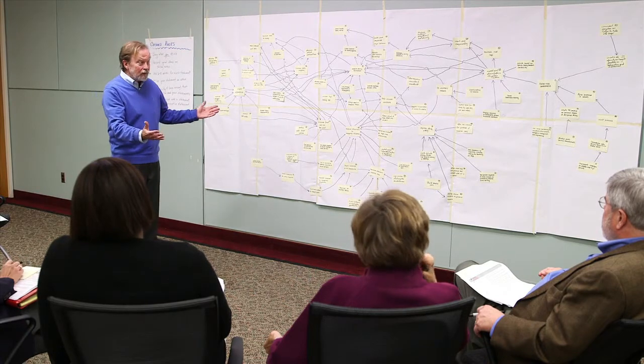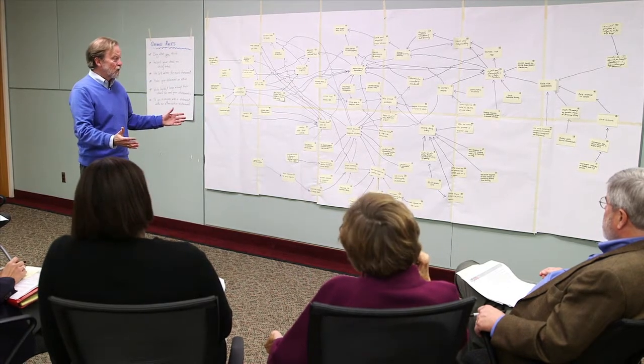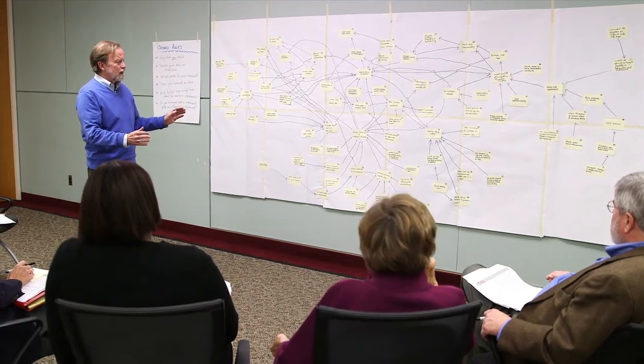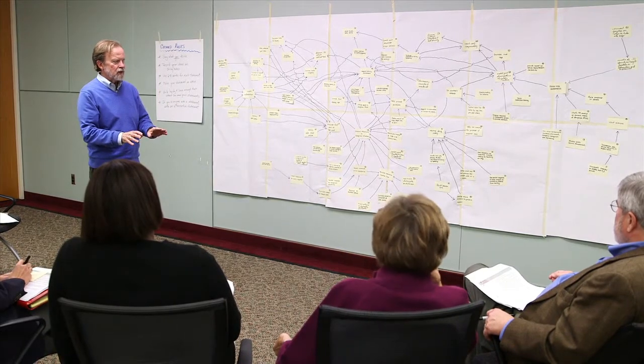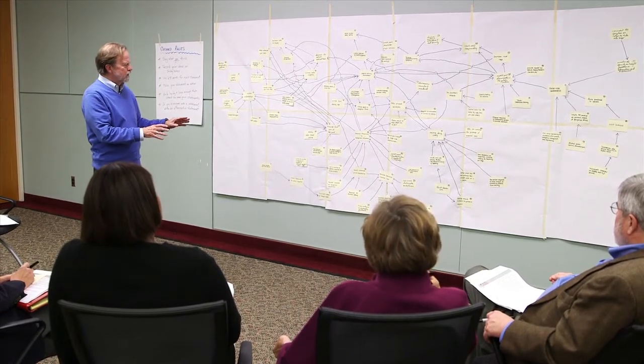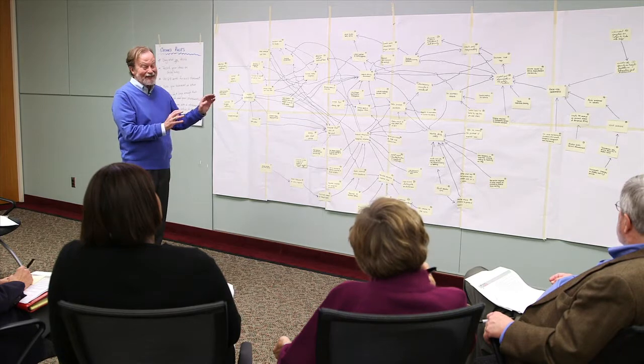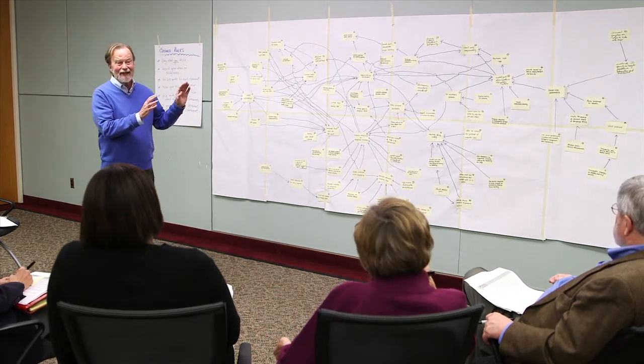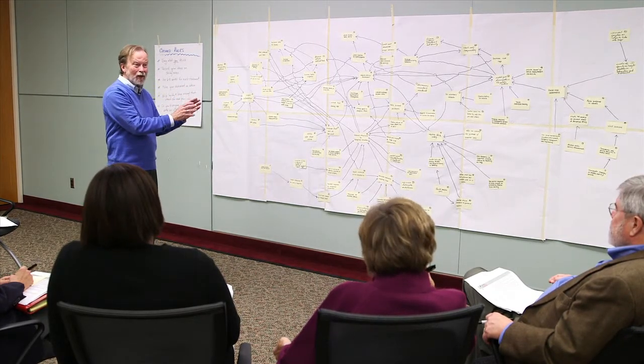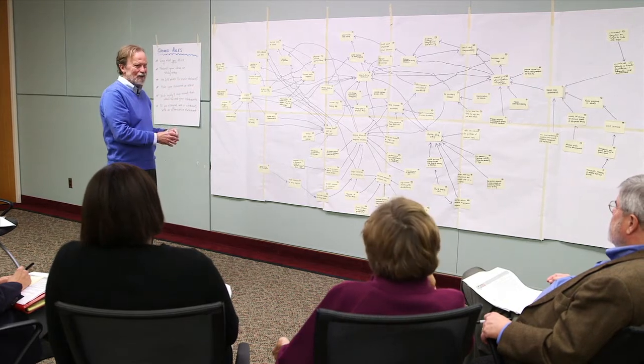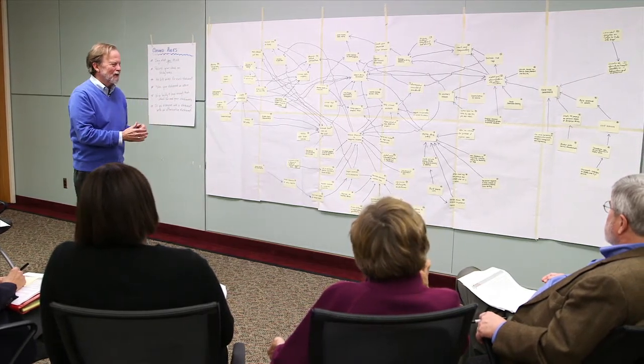Okay, so now we've reorganized according to causal clusters instead of the thematic clusters that we had before. And you'll notice there's some messiness to this map, but it's not as messy as the last map where we put in causal links just starting with those thematic or subject matter clusters.